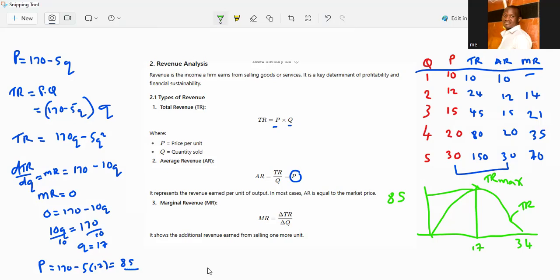Are we together? Okay, we're together. So I'll give you an exam question type we look at. But you must also understand that there's a relationship that exists between total revenue, average revenue, and marginal revenue.